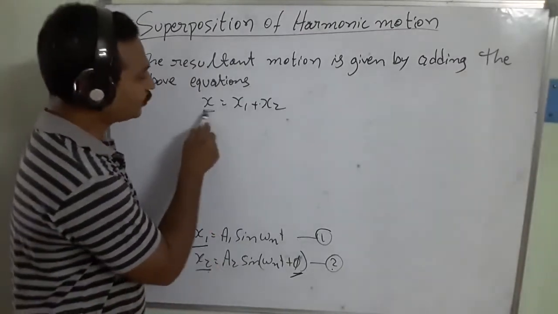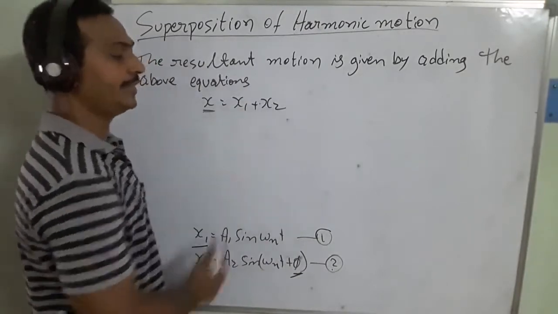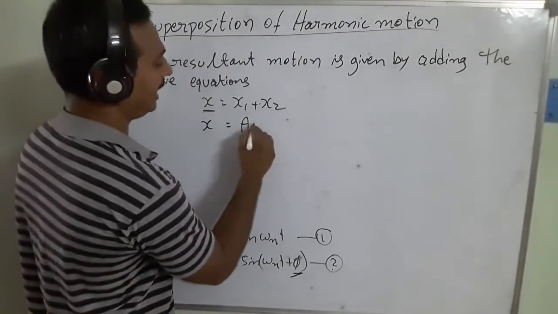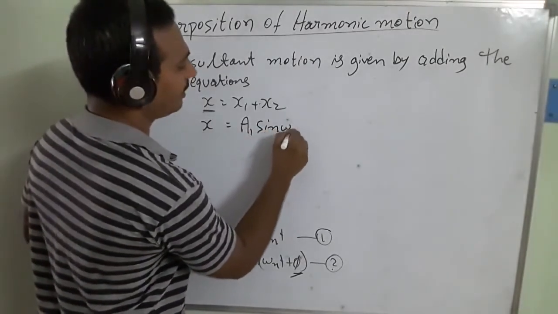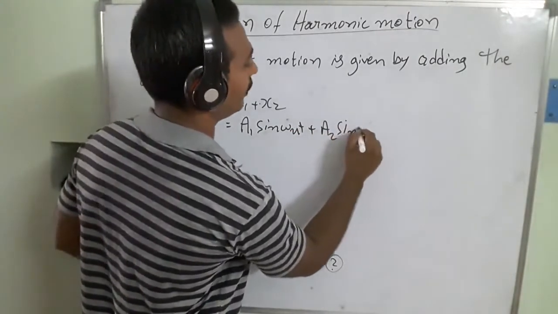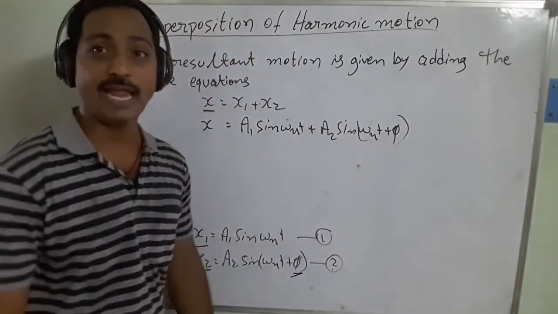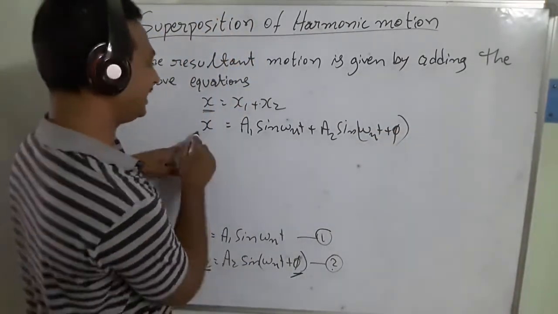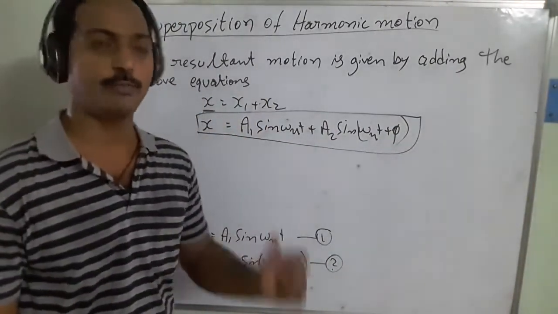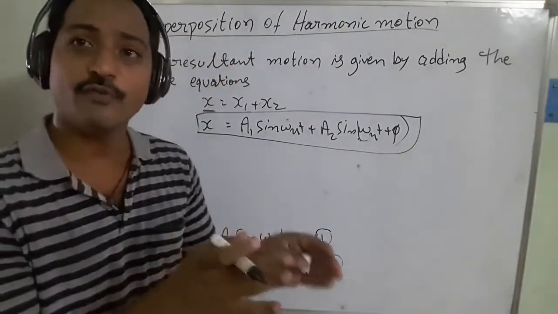So x is the resultant of these two, that is x1 plus x2. x is equal to A1 sine omega nt plus A2 sine of omega nt plus pi. This is the resultant component of the simple harmonic motion when we add the two components. So how is it going to be represented? We are going to simplify this equation.